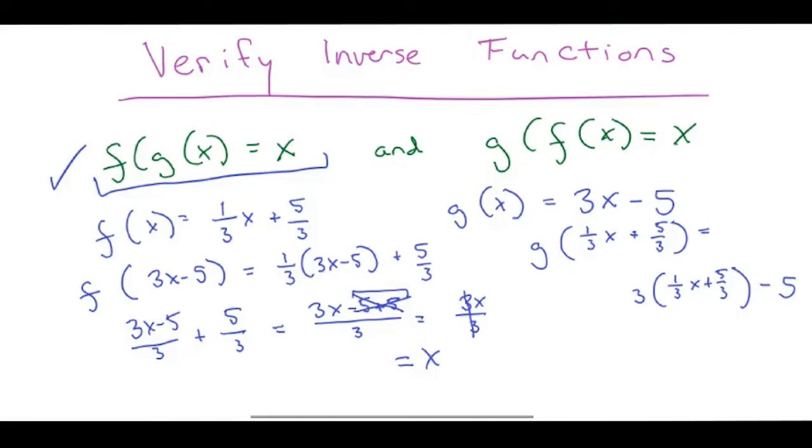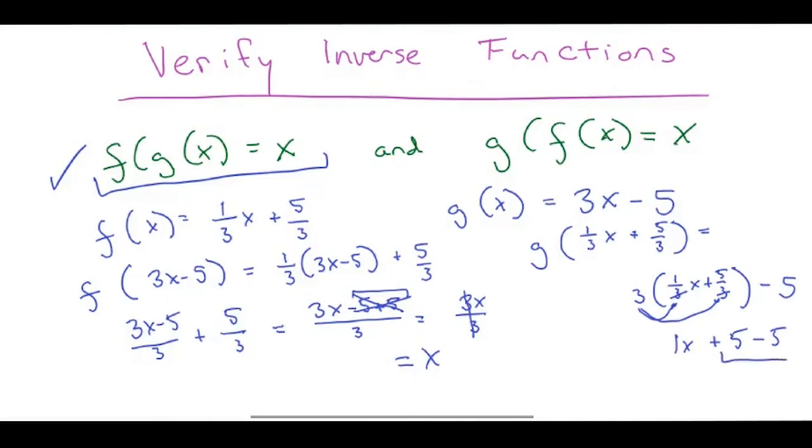So now if I multiply this 3 into the parentheses, that 3 eliminates both denominators, cancels them out, because multiplying by a divided 3 basically leaves me with 1x, plus 5 minus 5.